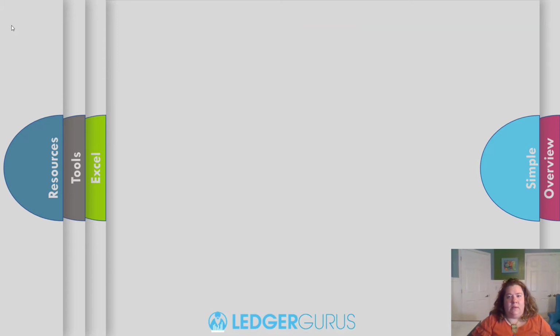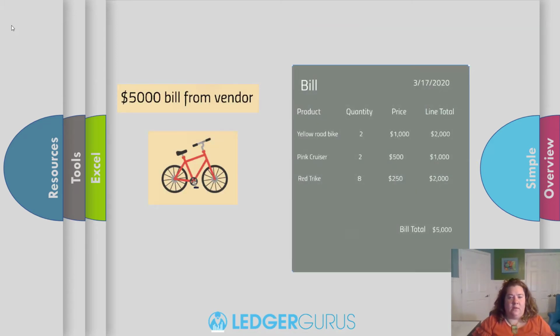When I look at this bill, you can see this particular bill doesn't include any shipping costs, but oftentimes it does. If I had shipping costs included on this bill, then I would take that shipping cost and I may want to allocate it across the products.